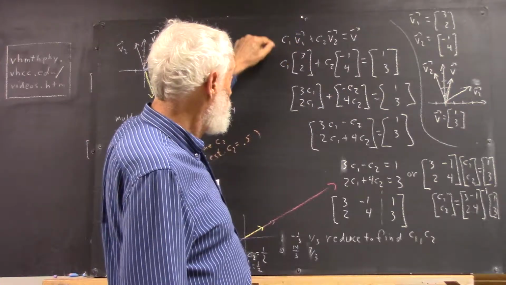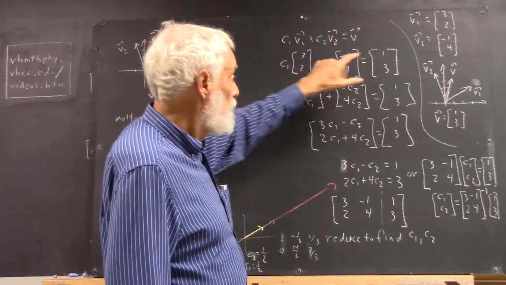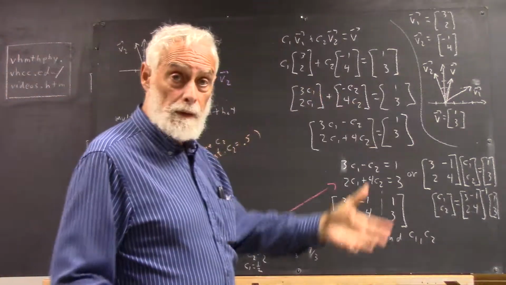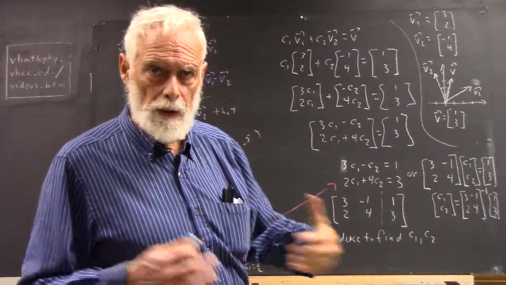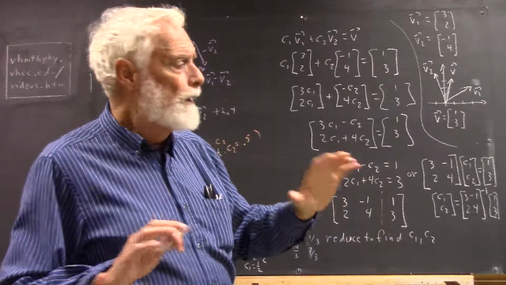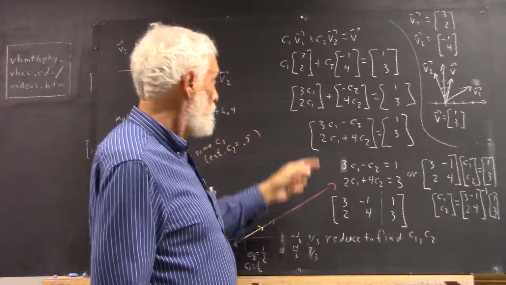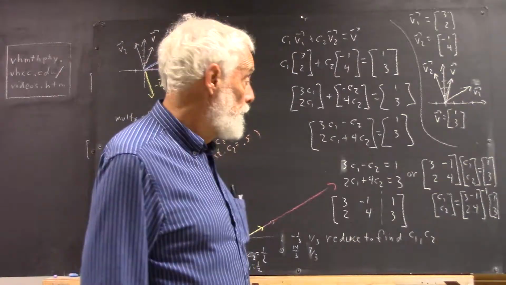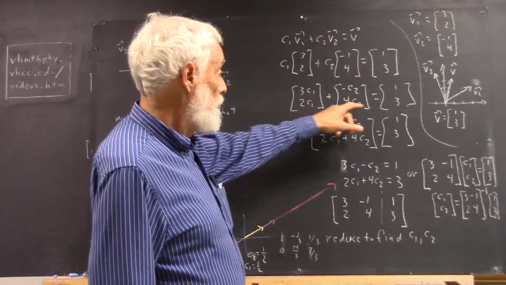V1 is (3, 2), so C1 V1 is this, and so forth. Okay. Well, what can we do with that? We've done this. Okay, we've done all these things, but we're putting them together. So that's very familiar. You can multiply this vector by C1. That might be a profitable thing to do. So we go ahead and multiply it.